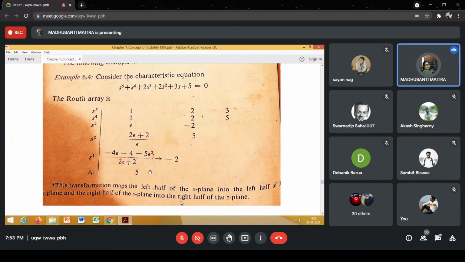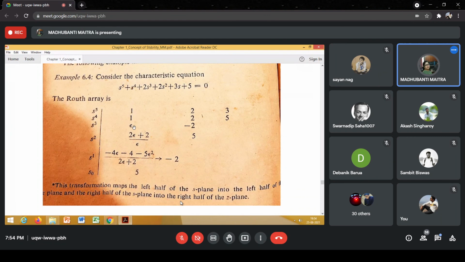Have you understood this method? Yes, ma'am. Again, I'm repeating, this one is difficulty number one. And what is the nature of the difficulty? The first term of a row is 0, but that particular row contains some non-zero terms. If that be the case, we are facing the first kind of difficulty. And how to solve the problem? We have to replace that first column 0 by a very, very small positive number, epsilon.